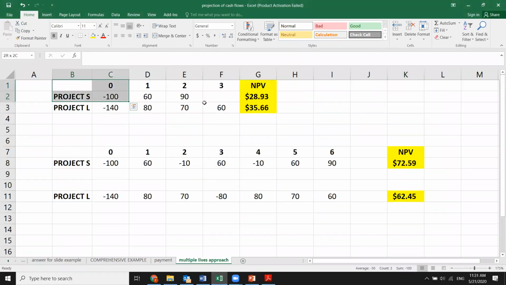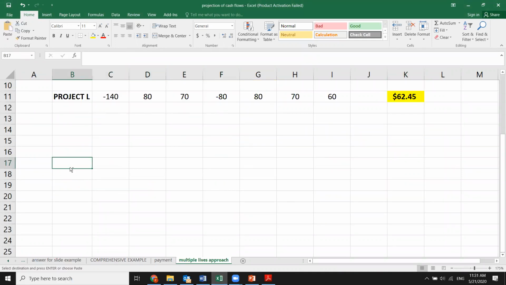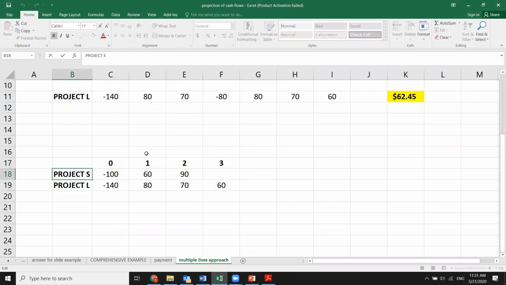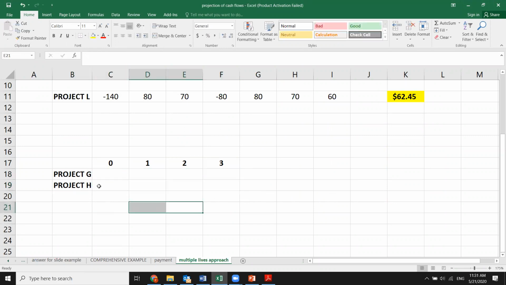So let me just copy this. So project not S, but it's project G and H. And the number of years are not the same.